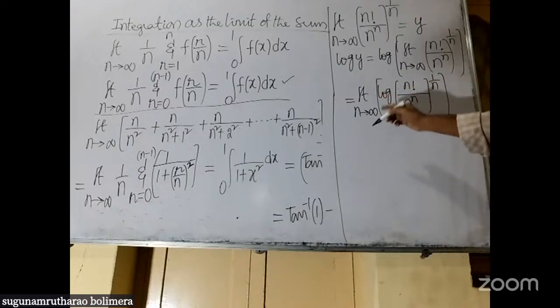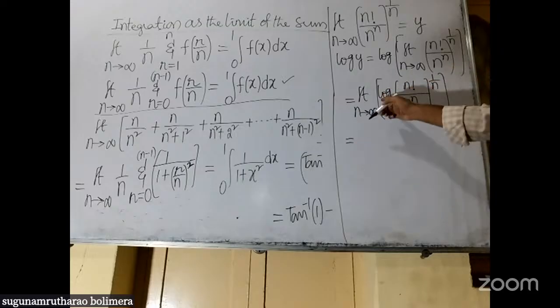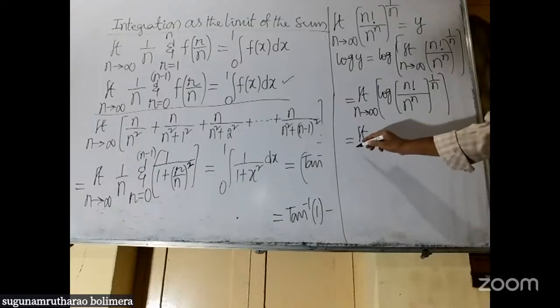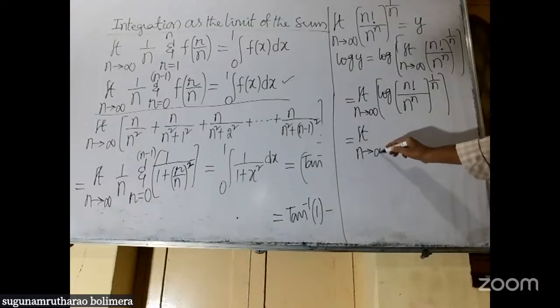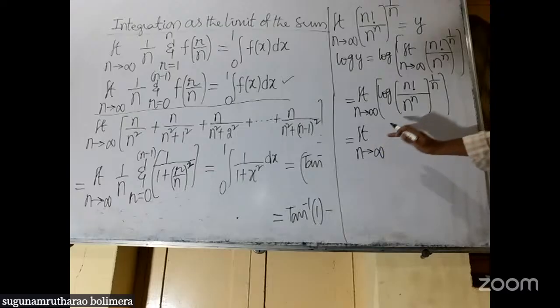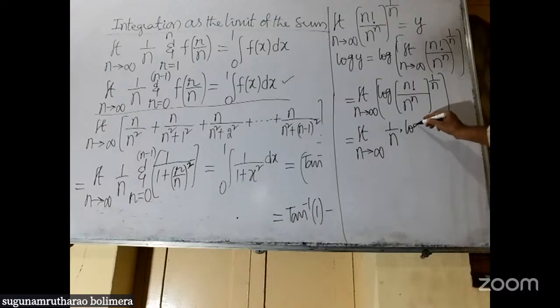Now this power comes in before the log: log m power n equals n into log m. So limit n tends to infinity, 1 by n into logarithm of n factorial by n power n.